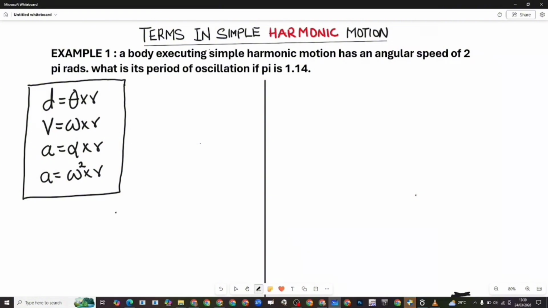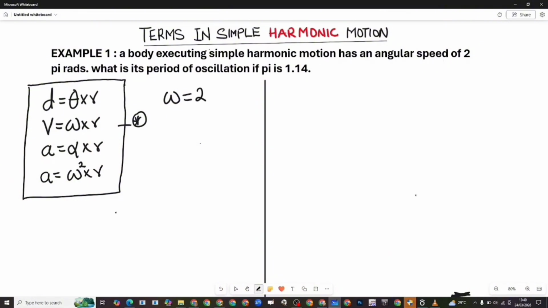The JAMB exam is around the corner, so you will need this to apply. I'm sure you cannot escape simple harmonic motion in the exams. So using these 4 formulas, you're going to solve any question regarding this. Number 1 says a body executing simple harmonic motion has an angular speed. We're given an angular speed of 2 pi rads per second.